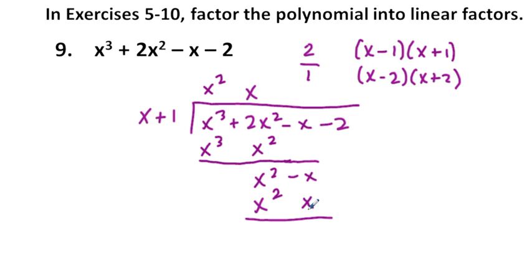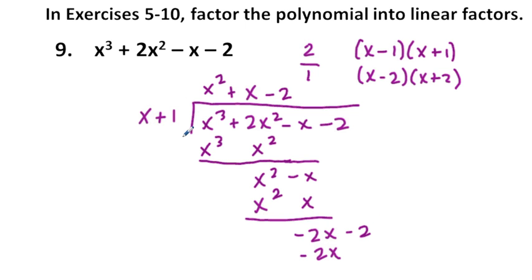Negative x minus x will be minus 2x. Negative 2x divided by x is minus 2. Negative 2 times x is negative 2x. I think this is going to work out. And I forgot to bring down this minus 2, right?